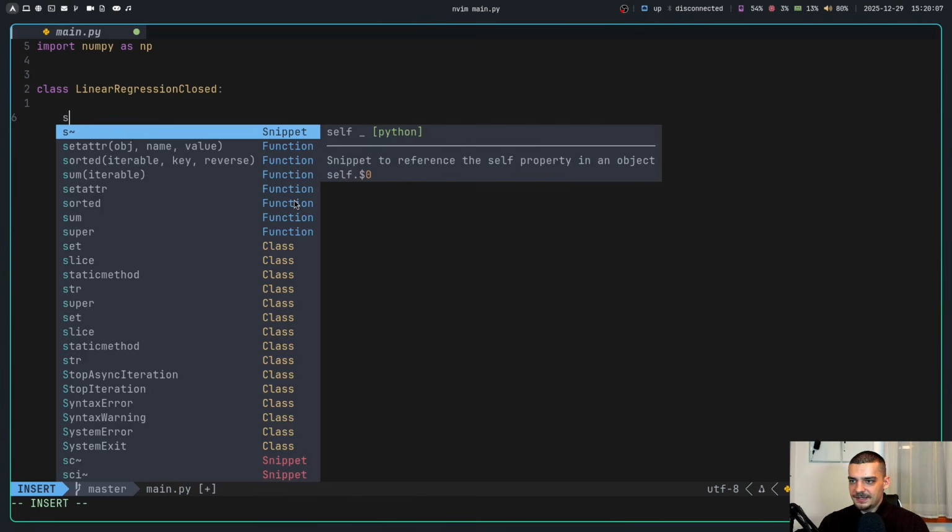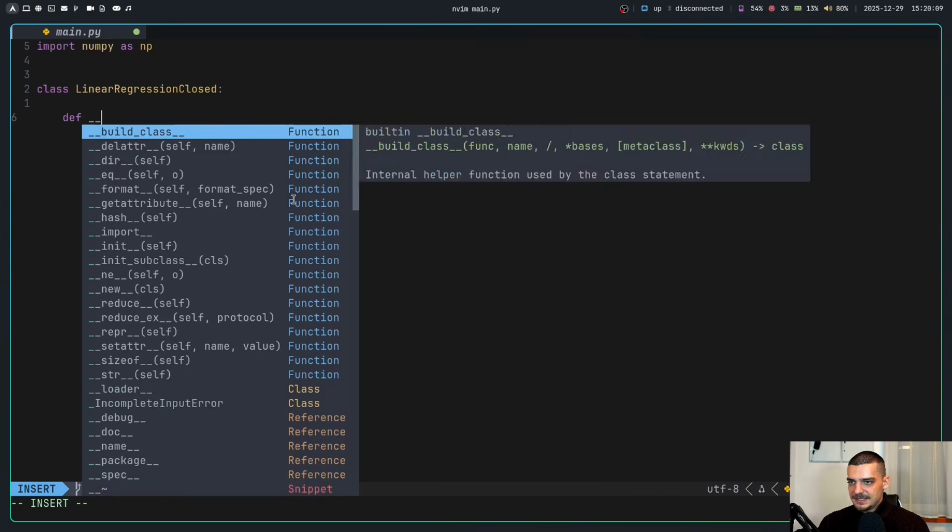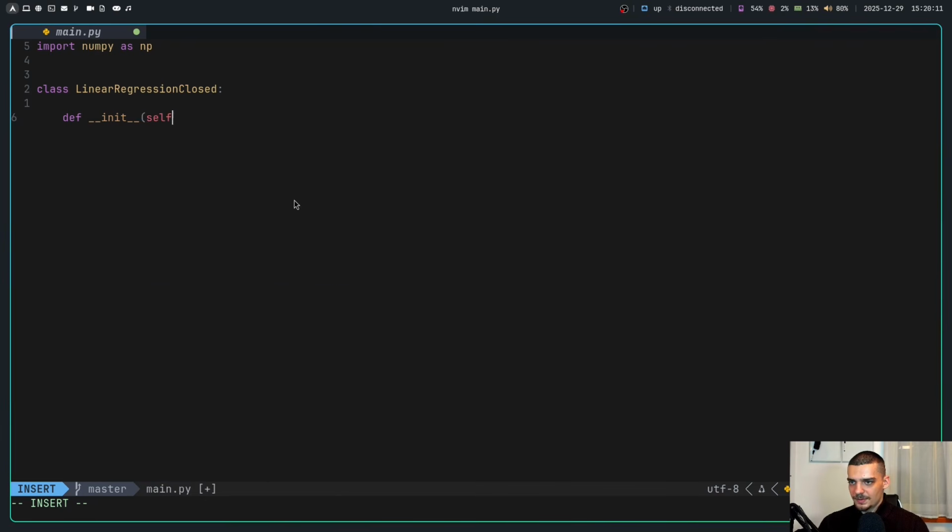So I'm going to have an init method. I'm going to say def __init__ with self. For now, I'm going to pass. Then we're going to have a fit method taking self, X, and y, and then I'm going to have a predict method. So predict, self, X, and that's basically it.